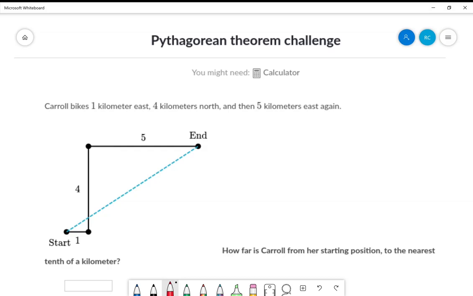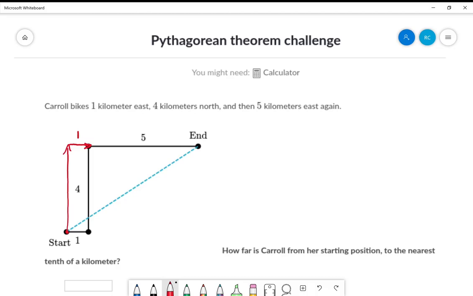So check this out. What if Carol, instead of going east and then north, what if instead she went north for 4 kilometers and then east for 1 kilometer? Has she moved any more or less distance than she would have the first way?